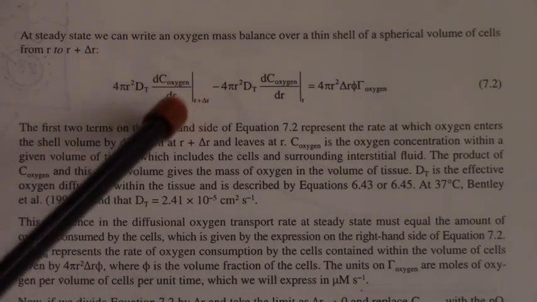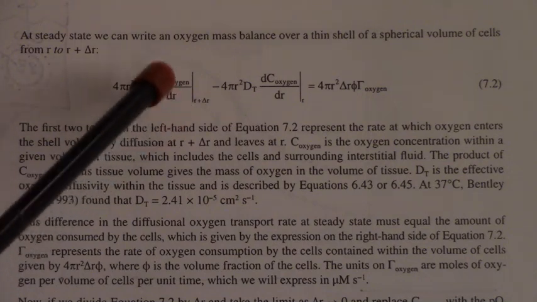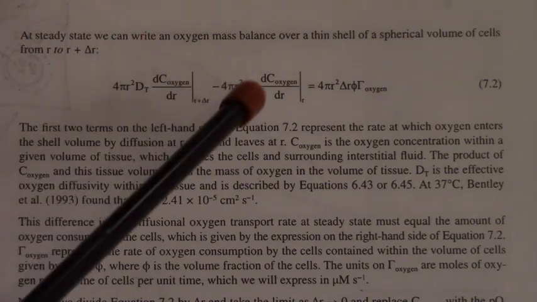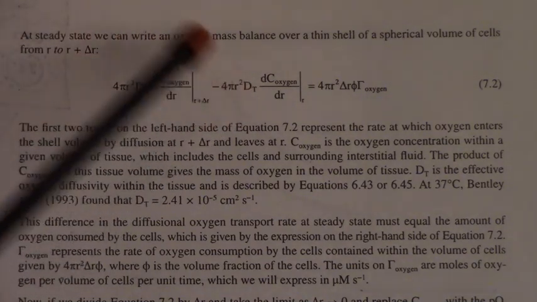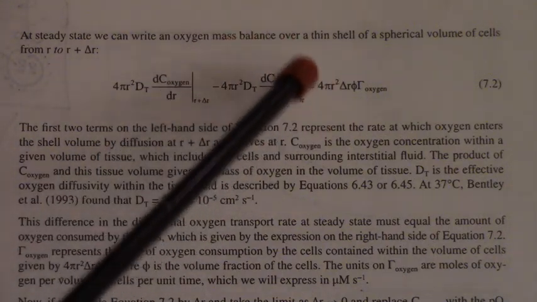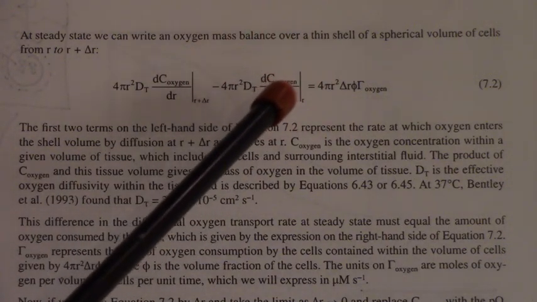And C oxygen would be the concentration of oxygen within the spherical volume that we're talking about. So this is the rate at which oxygen comes in by diffusion. This is the rate at which oxygen comes out of that shell volume by diffusion.